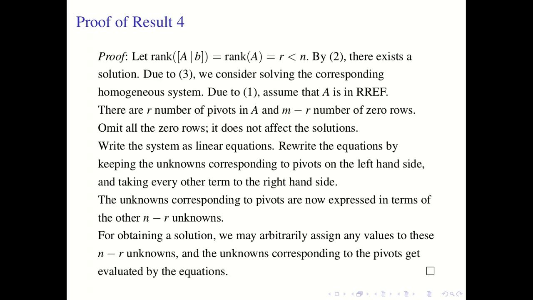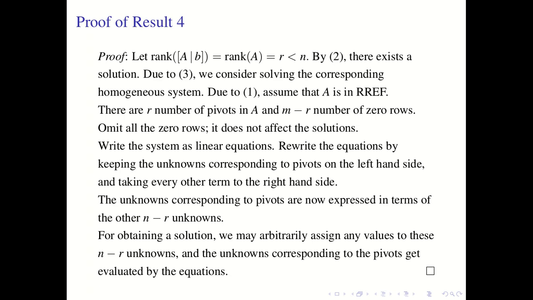And we can try to solve the corresponding system of linear equations. Look at the homogeneous system. The previous result says that any solution is a sum of a particular solution plus a solution to the homogeneous system.